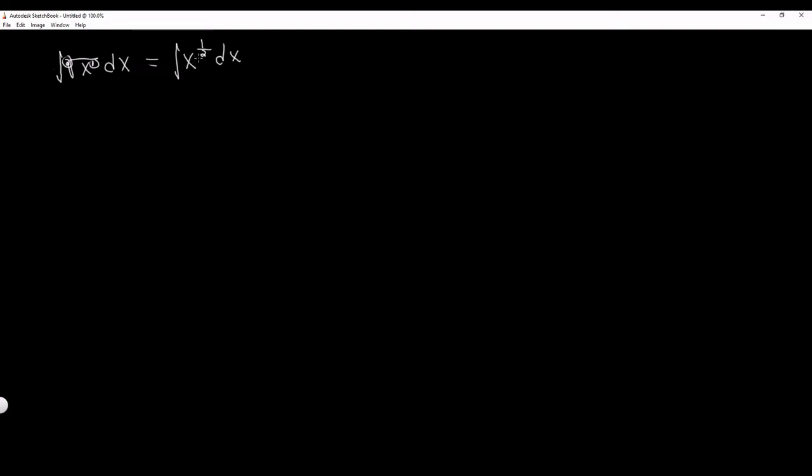And from here it's simple. We just add 1 to the numerator and divide by the new exponent. So adding 1 to 1/2 is the same thing as adding 2 over 2 because we have to get like terms, and 1/2 plus 2 over 2 is equal to 3/2. So this is going to be equal to x to the 3/2 divided by 3/2 plus c.